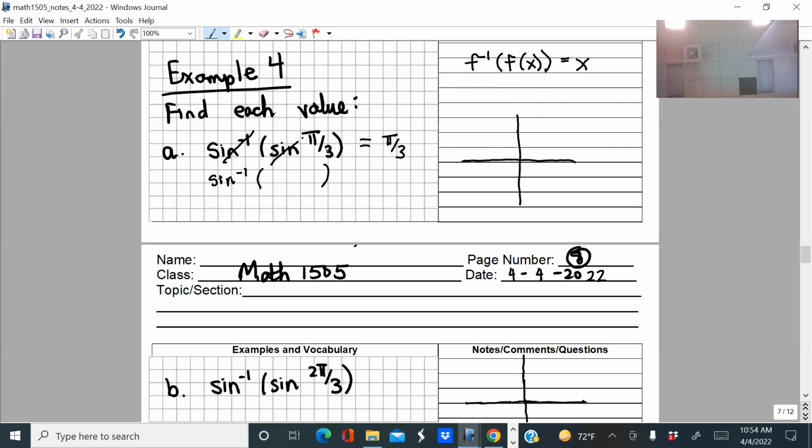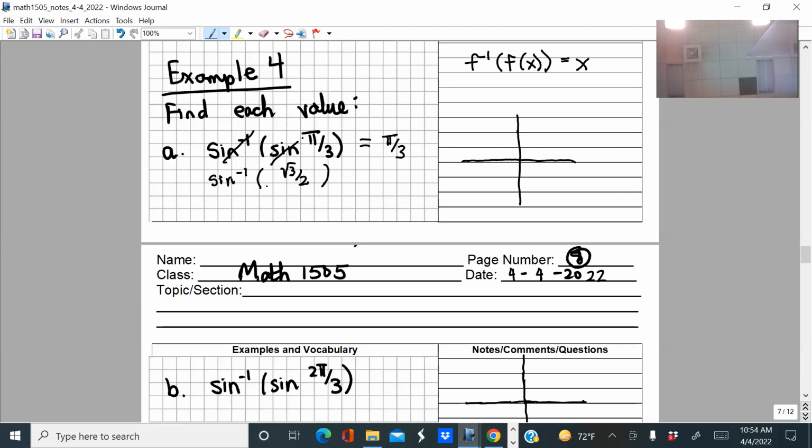Sine of 0 is 0. And then you count up, right? So what's the sine of 30 degrees? It's square root of 1 over 2, which is 1/2. Sine of 45 degrees is square root of 2 over 2. Sine of 60 degrees, this is what we're interested in, is square root of 3 over 2. All right. So sine of pi over 3 is square root of 3 over 2.